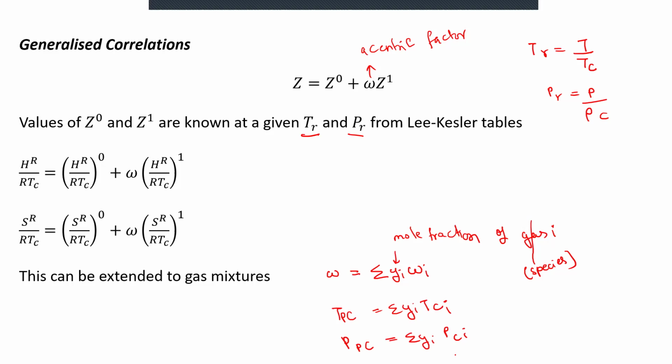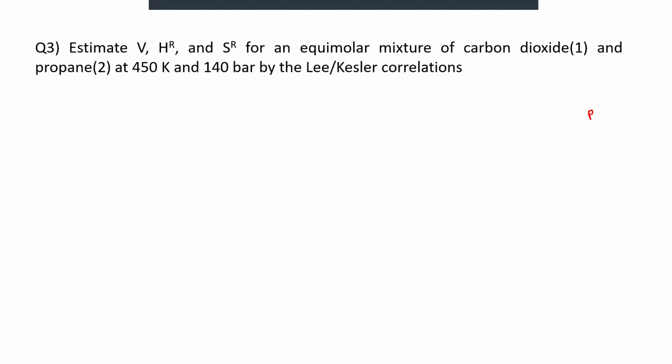So using these things, we go for estimating V, HR, and SR for an equimolar mixture of carbon dioxide and propane at 450 Kelvin and 140 bar by the Lee-Kessler correlations. So firstly we will consider CO2 and propane.